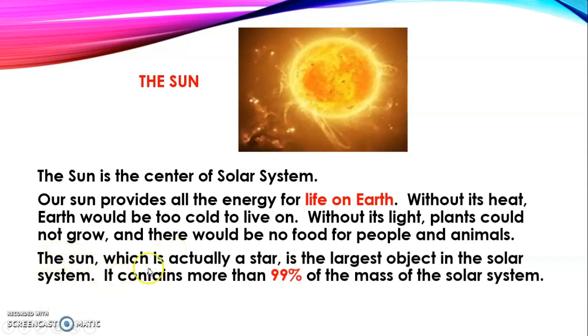And we people and animals also need plants in order to live. The sun, which is actually a star, is the largest object in the solar system. It contains more than 99% of the mass of the solar system. So the sun is the biggest object in our solar system, bigger than the planets.